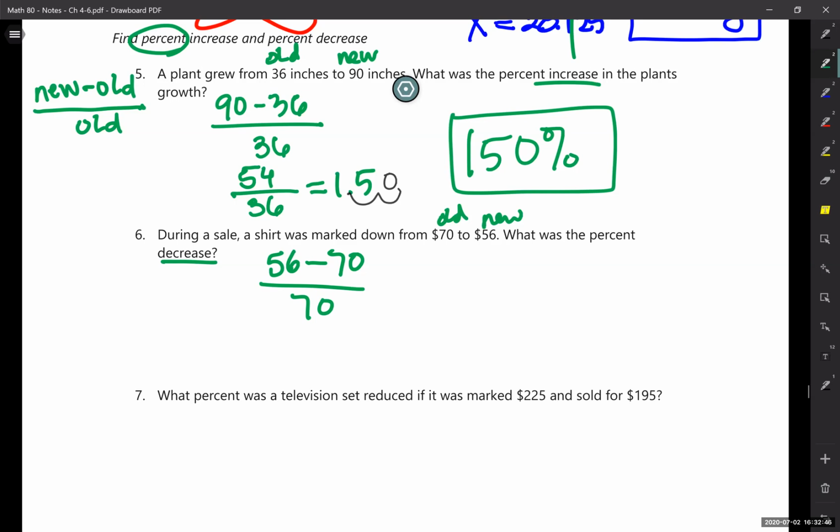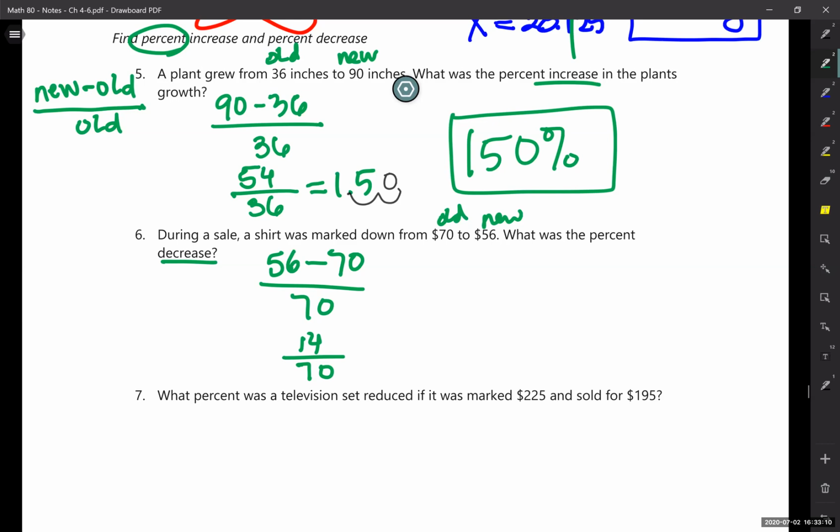But it's always the original number that goes on the bottom, or the old number. Okay, so we're going to do 56 minus 70. And again, I got a negative, but I'm just going to ignore that because I already knew that it was going down in price because I see that it's on sale. It says the word decrease, so the negative is just reminding us that it went down in price.